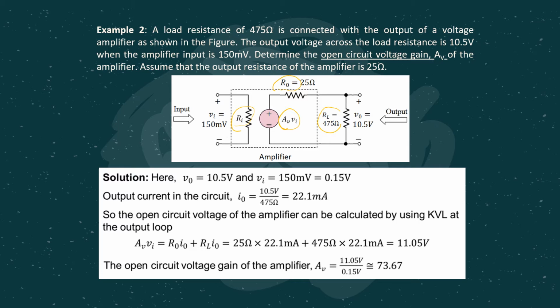It mentions that the output voltage across the load resistance is 10.5, the VI is 150 millivolt, as well as the output resistance is given as 25 ohm. What you have to find is the open circuit voltage gain AV. Where is this AV? This is the one. You see here, this AV is called the open circuit voltage gain, AV.